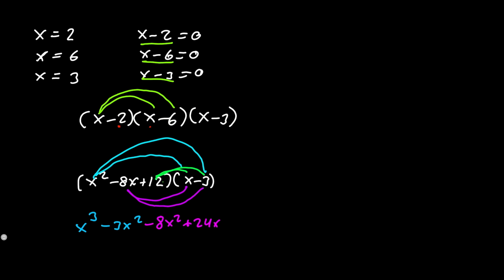For the 12, we have 12 times x, which is 12x, and 12 times negative 3 is negative 36. Now we'll combine like terms. We have x cubed minus 11x squared, and then 24x plus 12x is 36x, and minus 36.